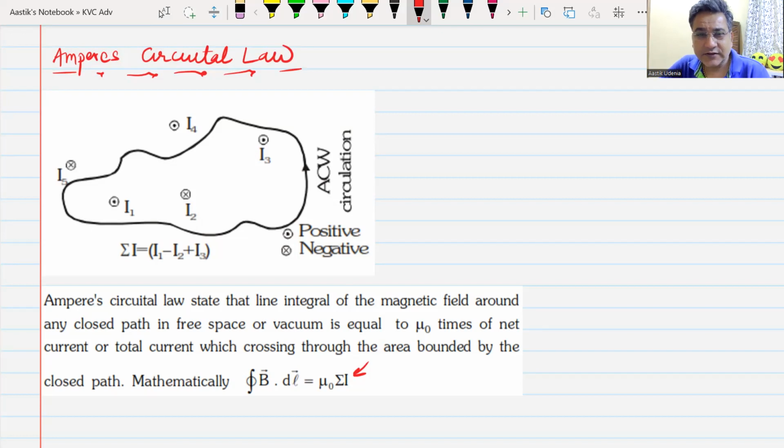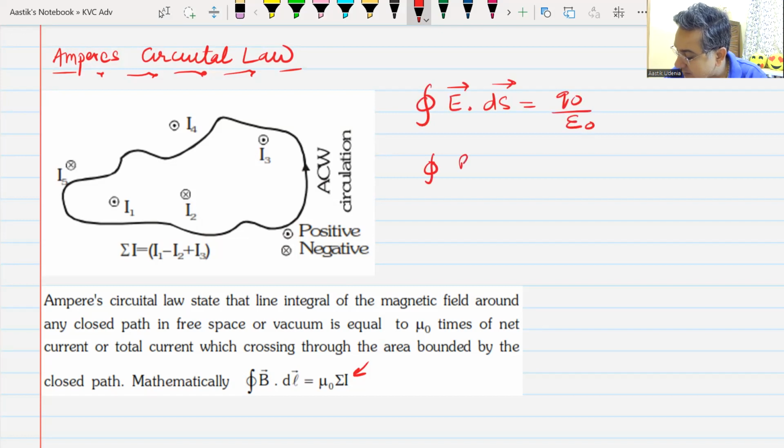There it was the surface integral of electric field over a closed surface, integral of E dot dS, is the charge enclosed by the surface divided by epsilon naught.